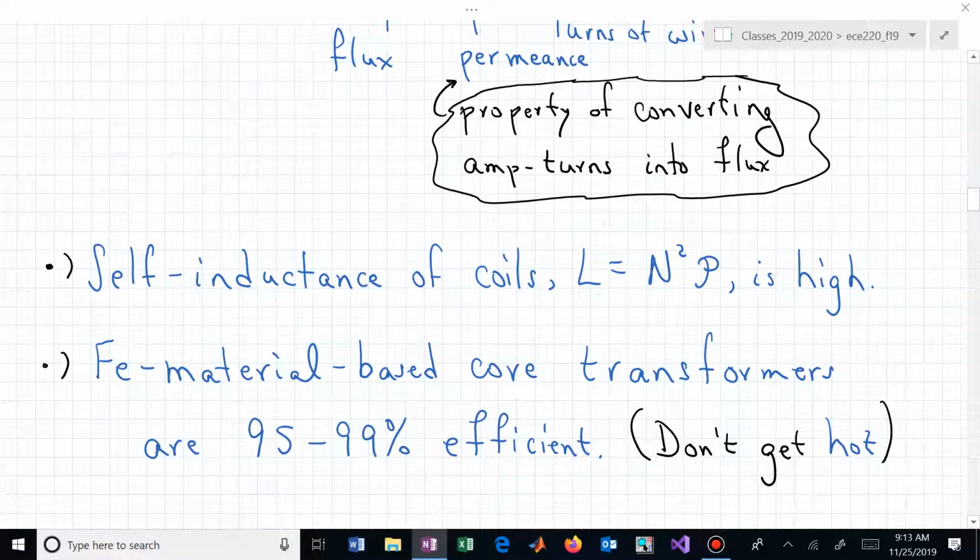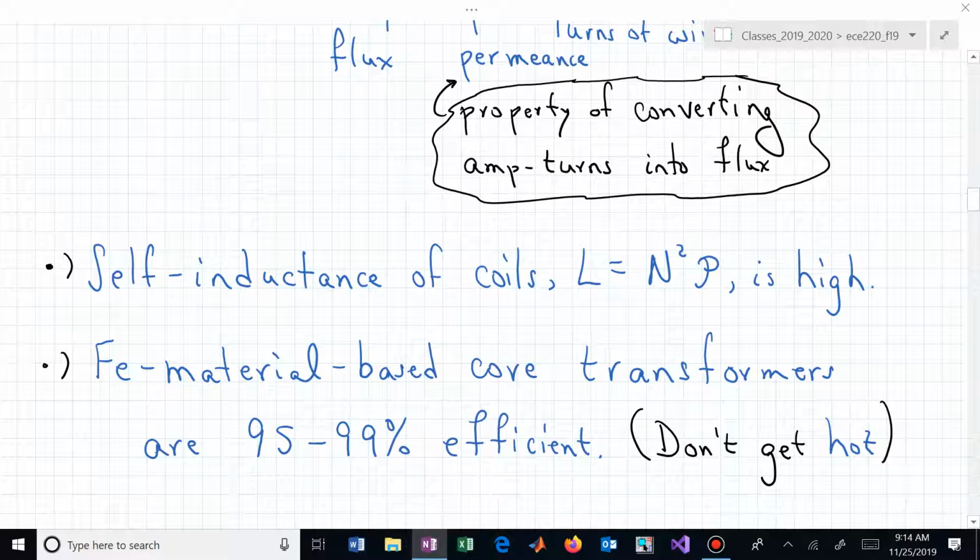And this iron material-based core of our transformers, they're very efficient, which allows for almost ideal power in equaling power out. We lose a little, which means that maybe the transformer might be a little bit warm, but it's not going to be hot. Anytime we're losing power, usually we're having to get rid of that in some way, and a lot of times it's through I squared R losses, and that really is just dissipated as heat.